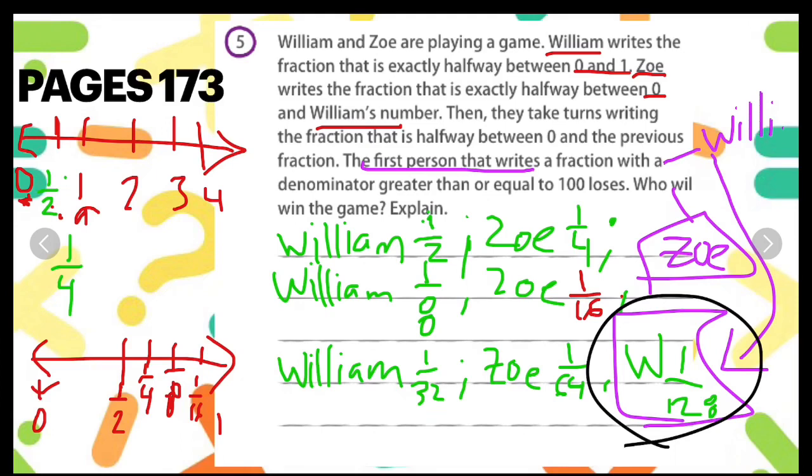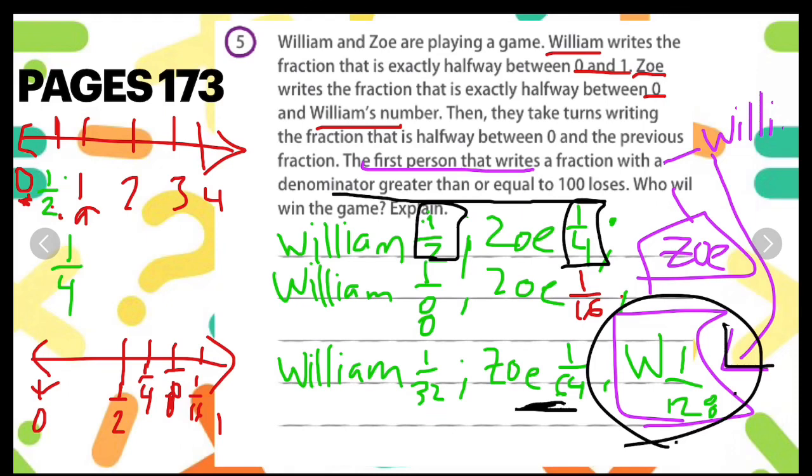And that means that he loses, because it's telling you the first person that writes a fraction with the denominator greater than 100 or equal loses. So William lost, and Soy won, because Soy has 64, okay? According to the rules of the game, these fractions right here, they are increasing by multiples of 2.